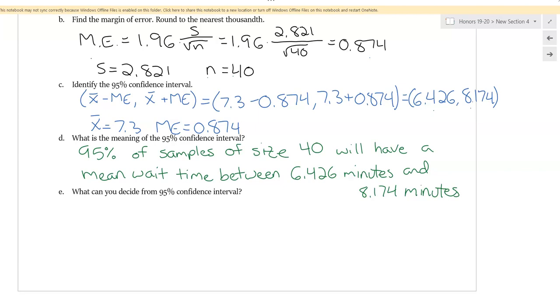Again, 95% of all of our samples are going to have a mean wait time between those two numbers.